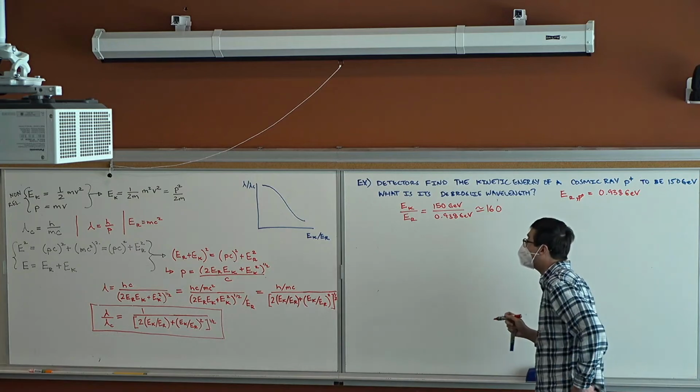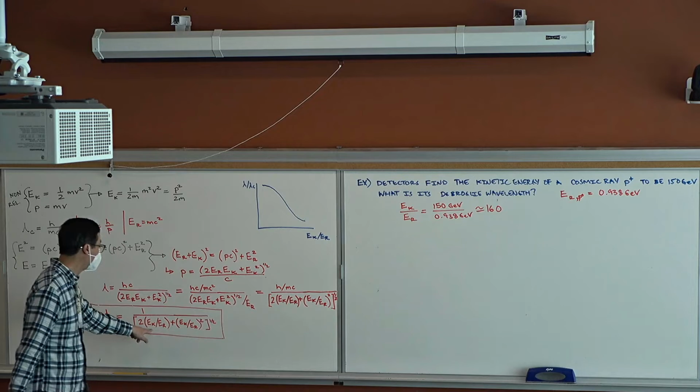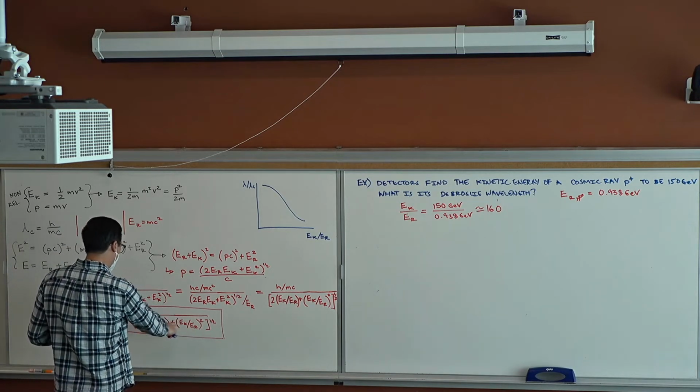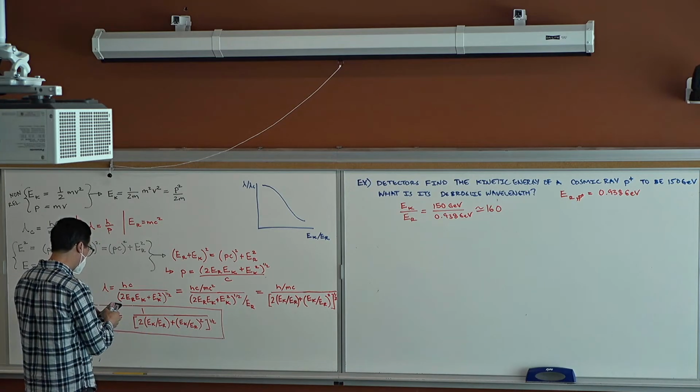And so if we were to plug that into this equation, I'm probably going to regret this, but I'm going to use 160. So 160 squared plus 160 times 2, which is 320.